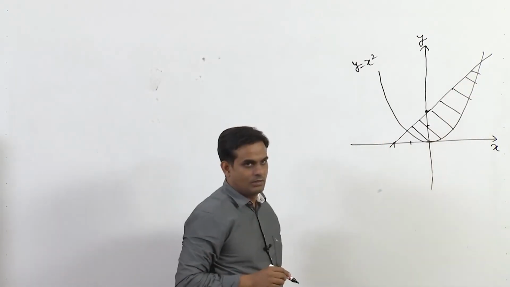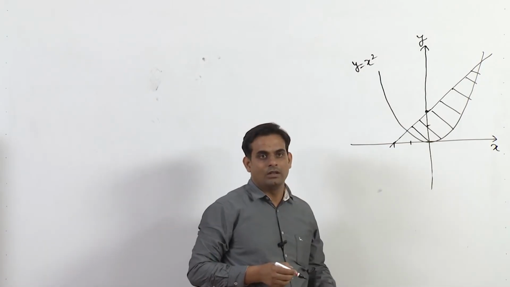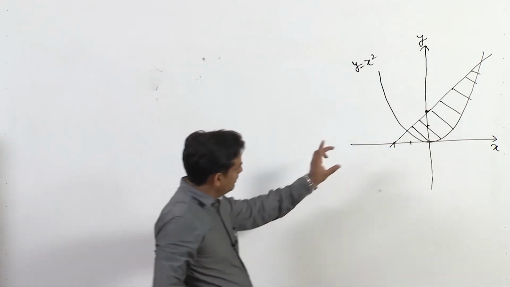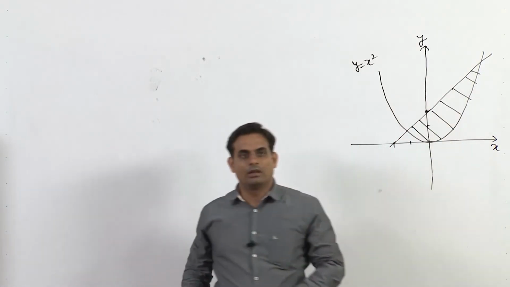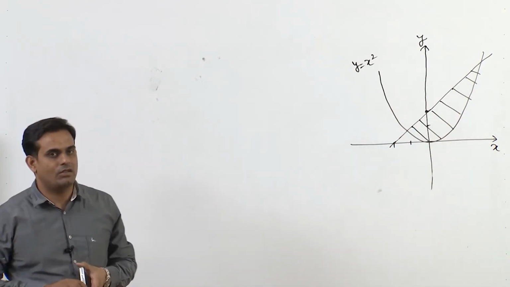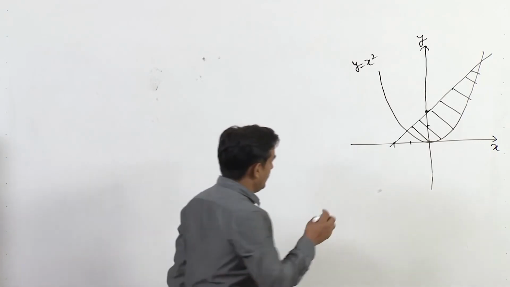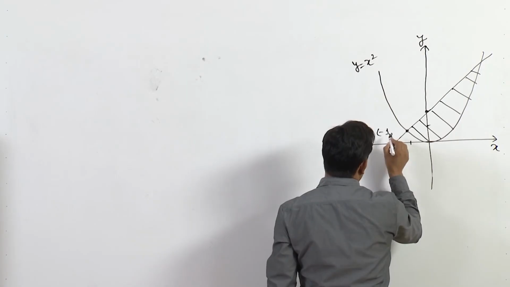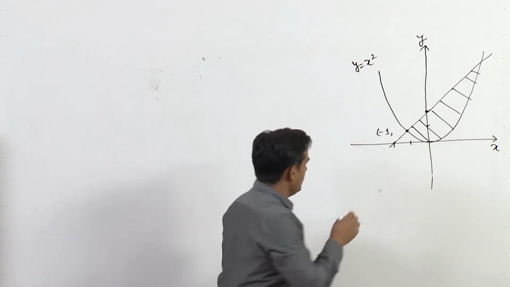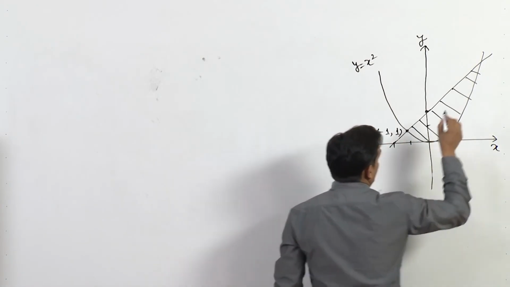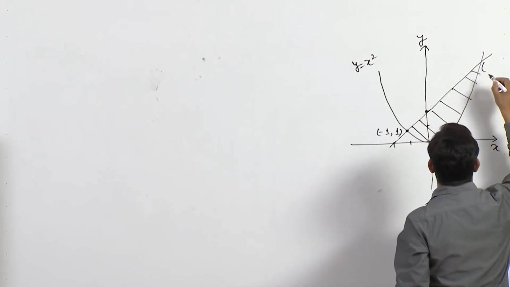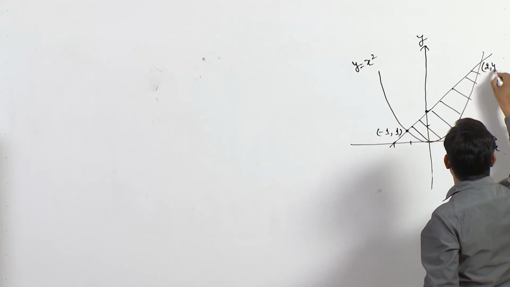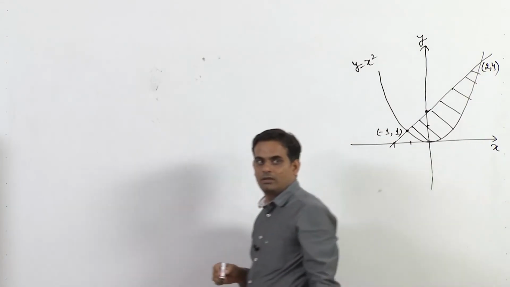So, we have to find the coordinates of the center of gravity of this plate when the density is constant. It will intersect at this point, which will be minus 1 and 1, and this point will become 2 and 4.